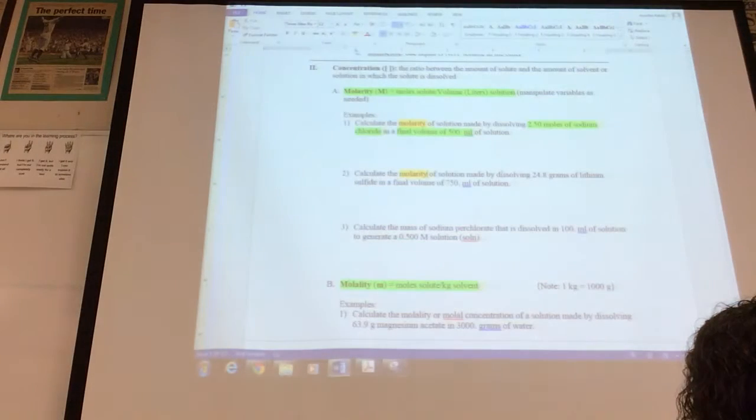So in the next problem, it says calculate the molarity. We have 24.8 grams of lithium sulfide.